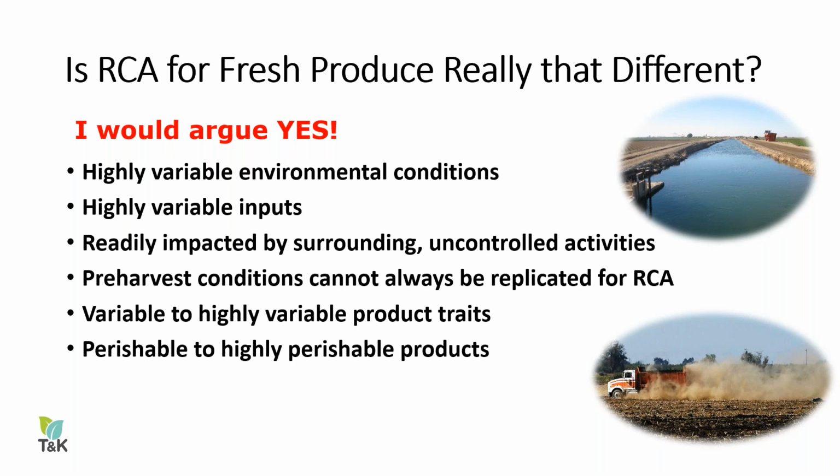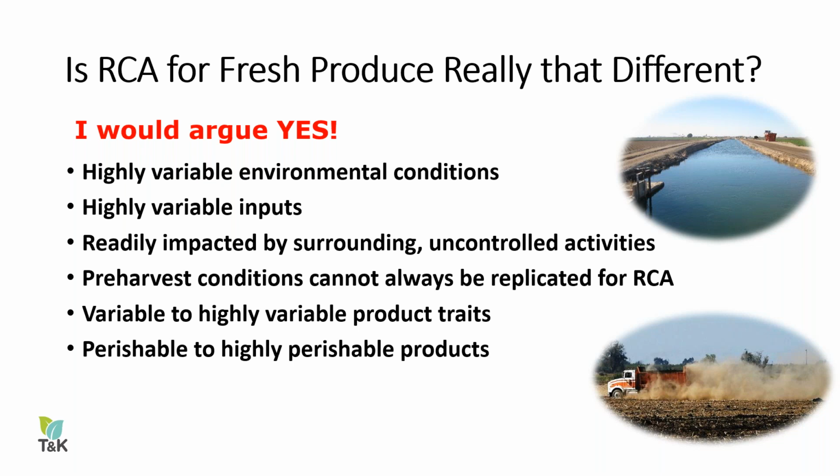I would argue it's also in general very different from what people try to draw as examples from things like plane crash or other types of root cause analysis, forensic analysis, because of the high diversity and variability and often the lack of hard data that one can draw on. So it's very highly variable environmental conditions, even say for one producer or one packing operation, even one processing plant, over the course of, say, a year or a season.